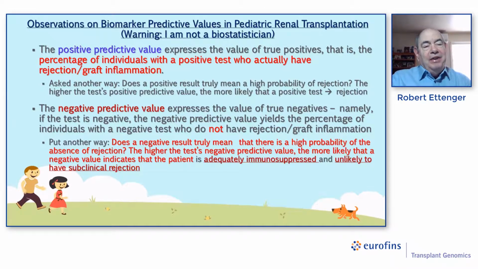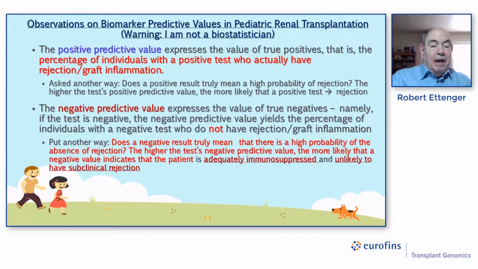On the other hand, the negative predictive value expresses the value of the true negatives. Namely, if a test is negative, then the negative predictive value yields the percentage of individuals with a negative test who do not have rejection or graft inflammation.